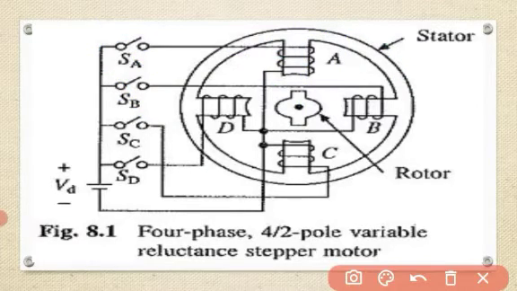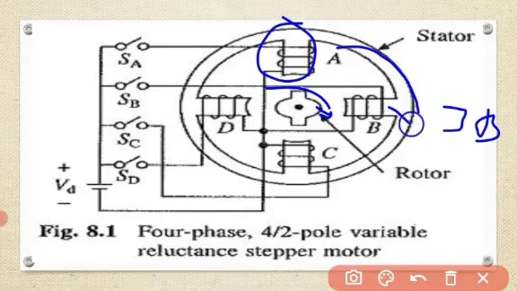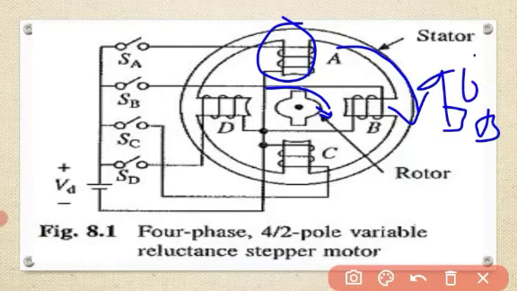I will show you this rotor moves and aligns with B because B is excited. A is de-energized, B is excited. So the rotor takes 90°. Earlier it was in this position, now it is aligned to the B phase. So it takes 90° from here to here. I hope it is clear.